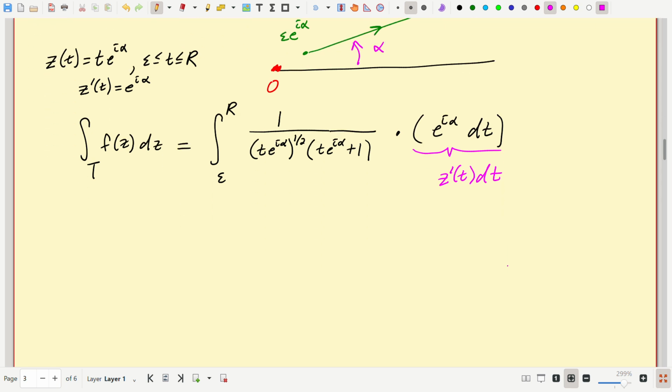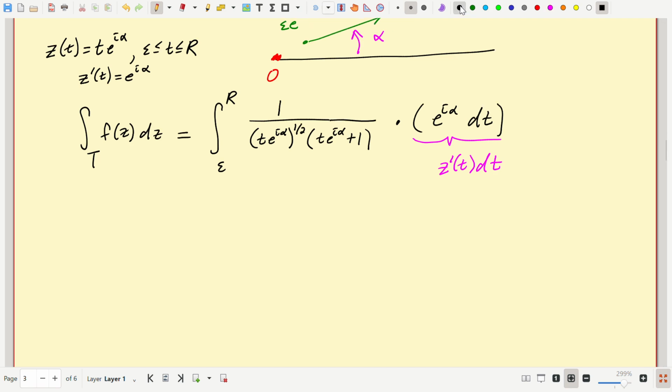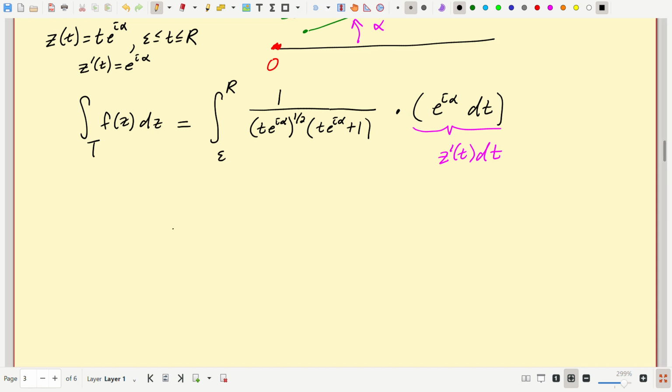Well, I claim this is going to tend, as I let alpha go to 0, to the integral I want. This is the integral from epsilon to r. Okay, t e to the I alpha to the 1/2, that would be e to the 1/2 natural log of t e to the I alpha, which is going to be log of t plus the angle of that thing, which is alpha.